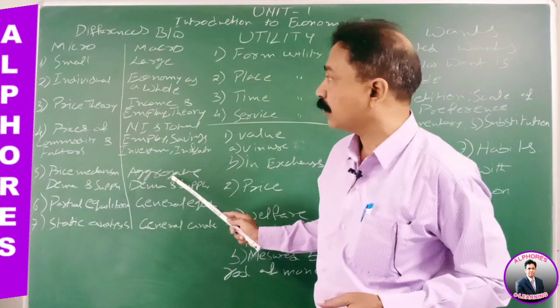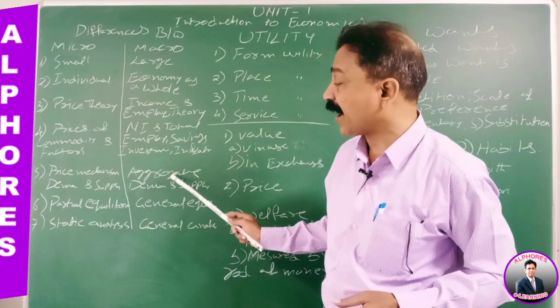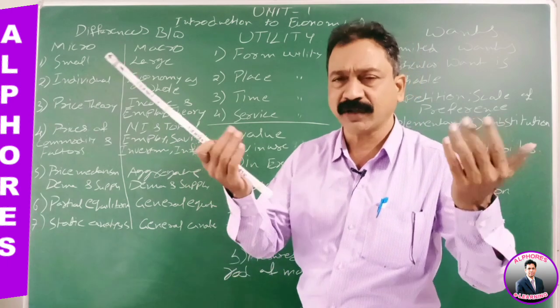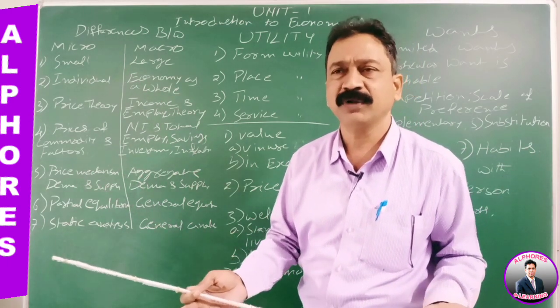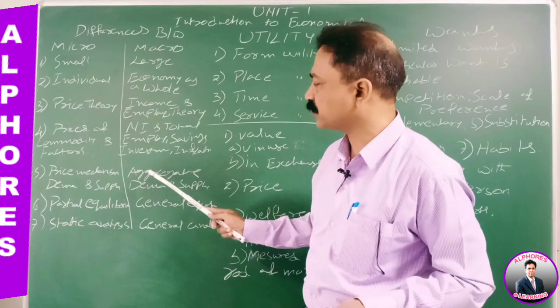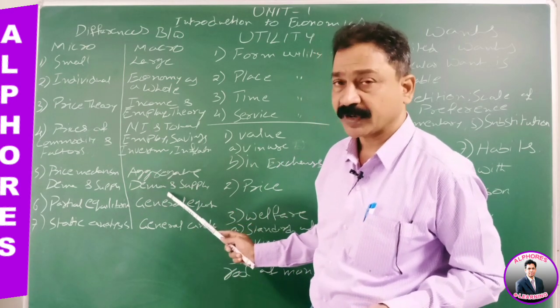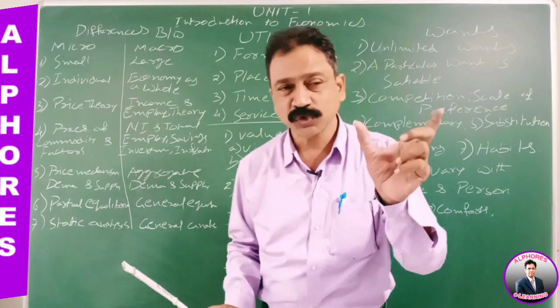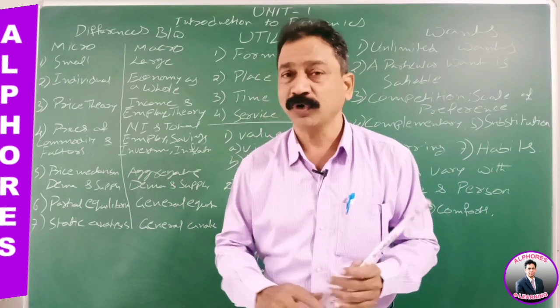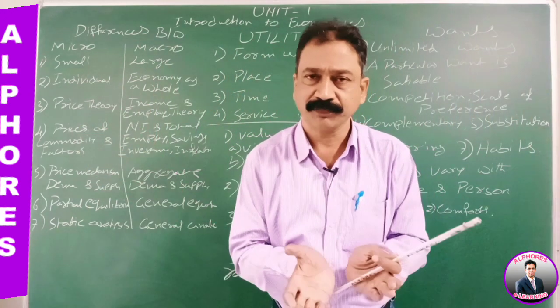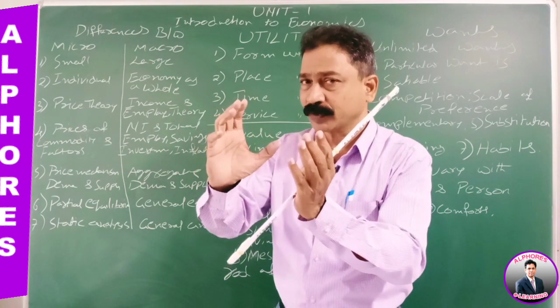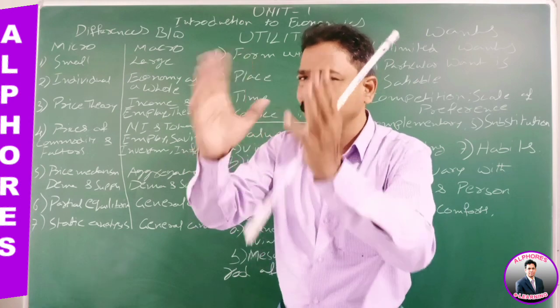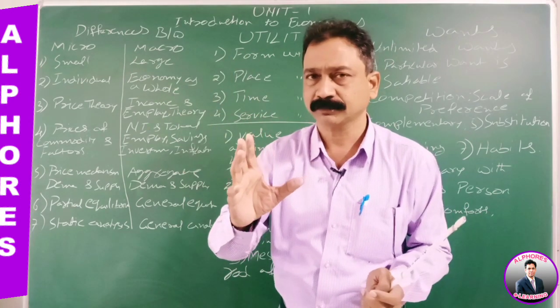Okay, now macroeconomics discusses aggregate demand, the total demand of the country. How much the total population demands comes under aggregate demand. Here you need to understand what is total and what is aggregate. Total is everything put together. Aggregate is the total demand for a particular commodity, like cement.